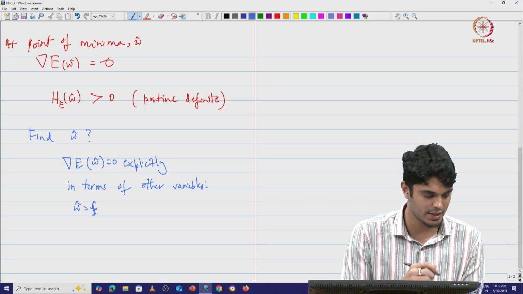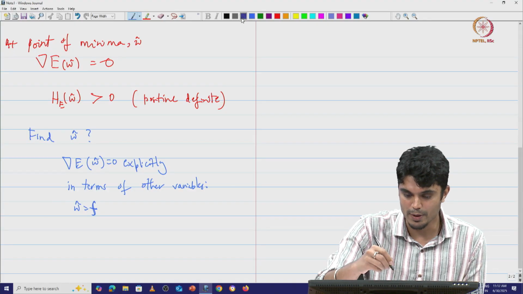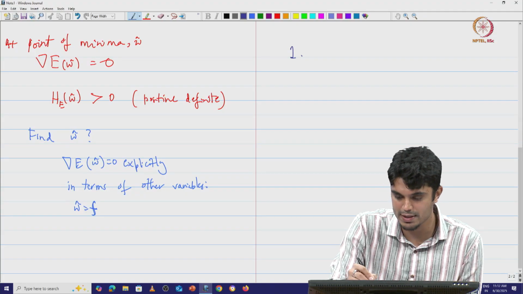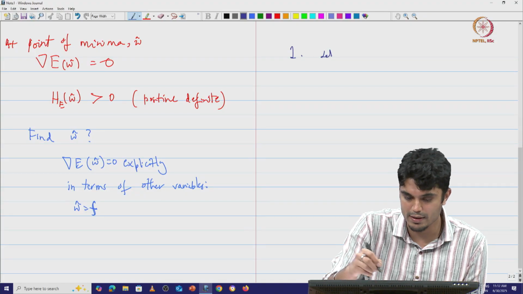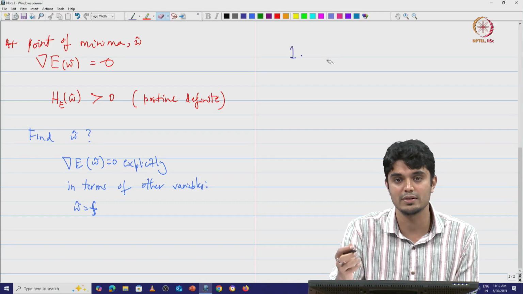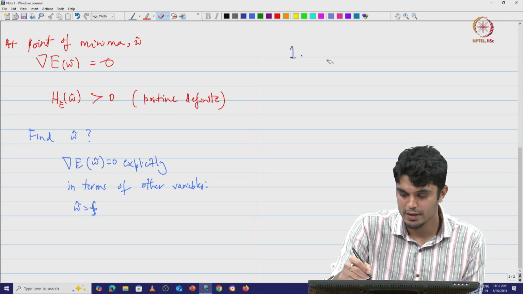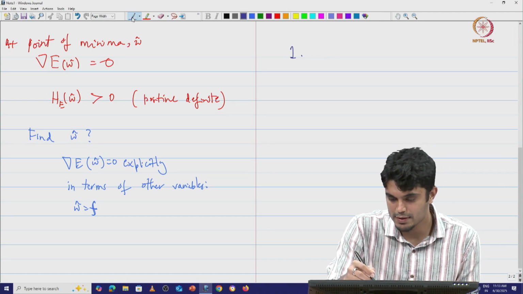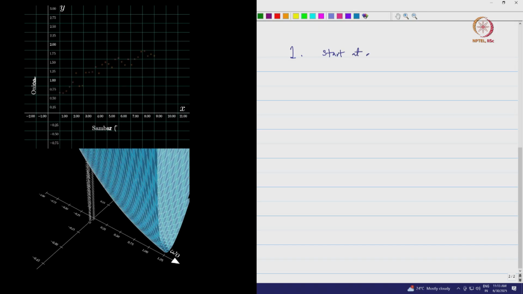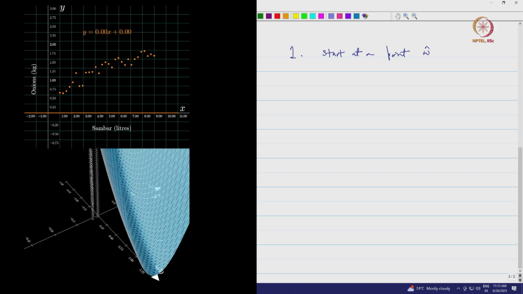So let's put that down in words. Supposing we start at some point. We are starting at a random point, because we don't know where to start, so we might as well start anywhere. So we pick that point randomly. Start at a point omega hat, the random initial point.